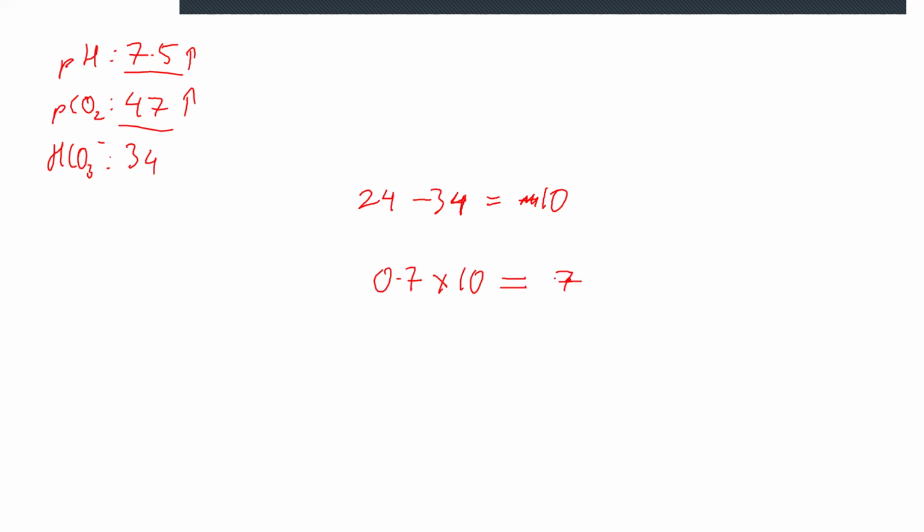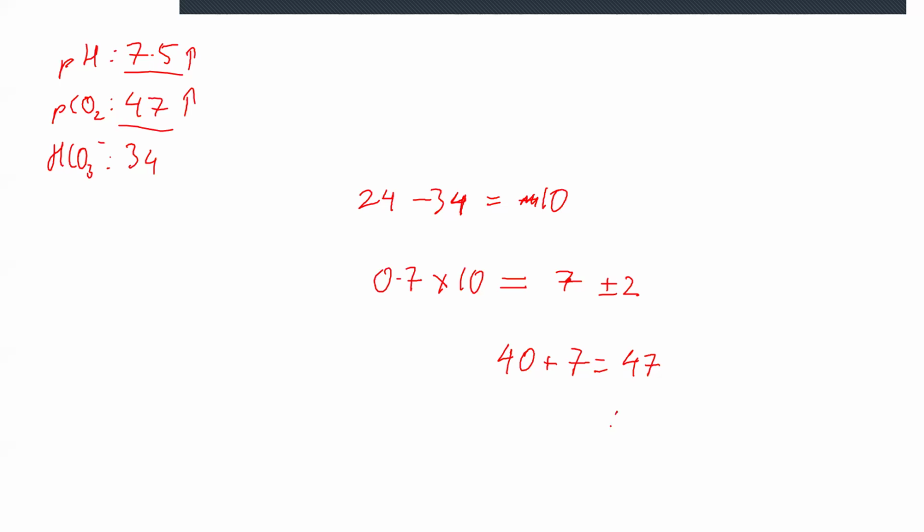So that means our expected level of PCO2 should be 40, which is the normal PCO2 level, plus 7, which gives us a PCO2 level of 47. Now, normally you take this range and do a plus minus 2, just to give a range of where it can be.